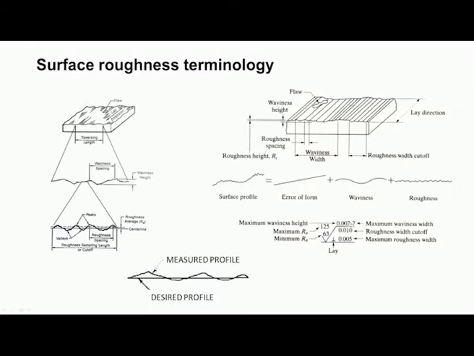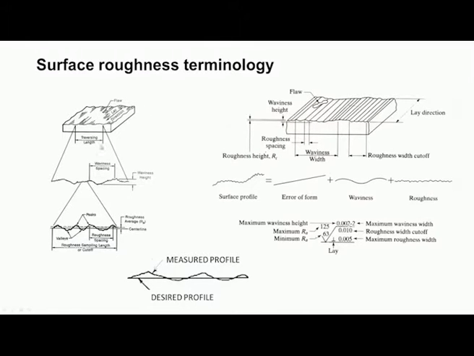Now we have another diagram here which will help us to understand the various terminologies. This is a flat surface, and when we closely observe, we can see the unevenness. This is the waviness we can observe, and then the direction of tool marks, and the flaw also.